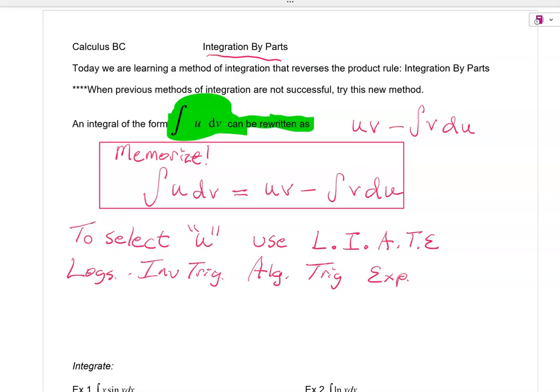Select u following this checklist. First, see if there are any logs. Then go to inverse trig. Then go to algebra, go to trig, go to exponents. Let u be the inside of that integral. What is not selected is dv.